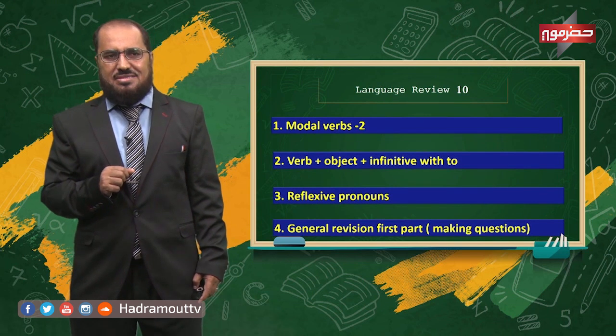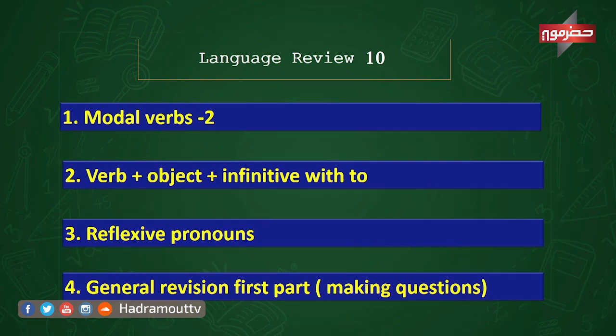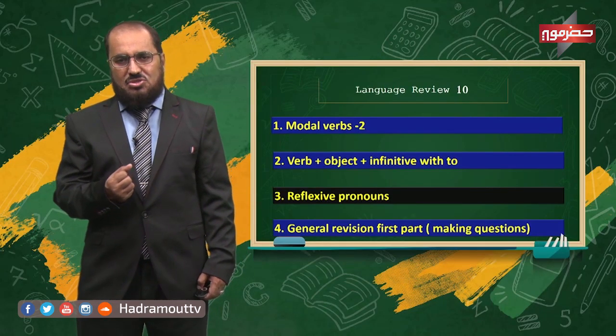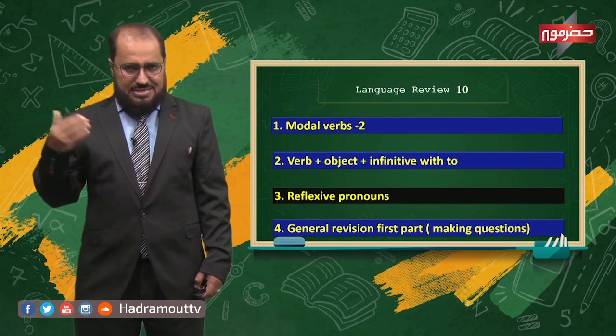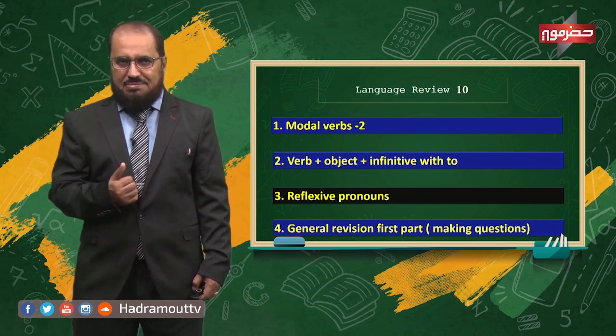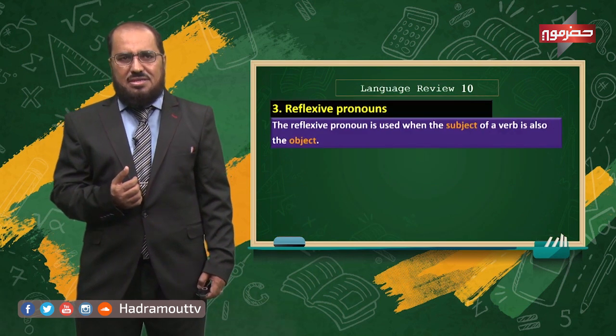Let's go for the next now. Reflexive pronouns. Okay. Now let's go for number 3, and this is the last point in language review 10, which is about reflexive pronouns. This is also a part of speech. We discussed this in the previous language review. Reflexive pronouns.